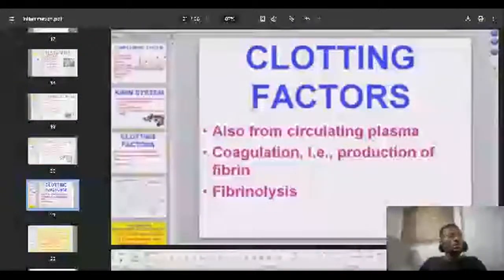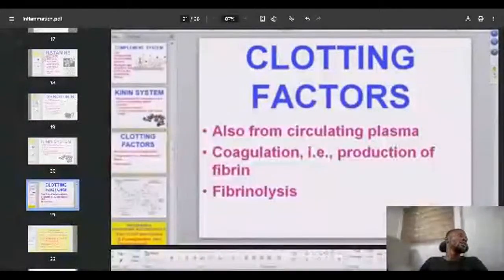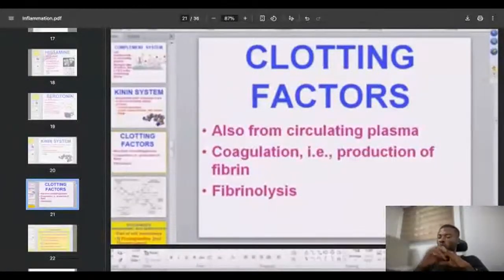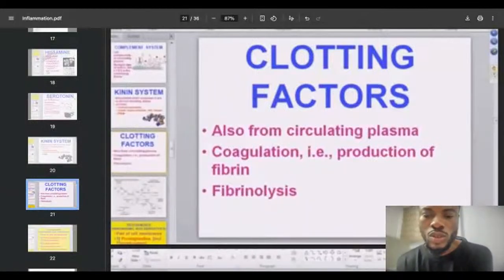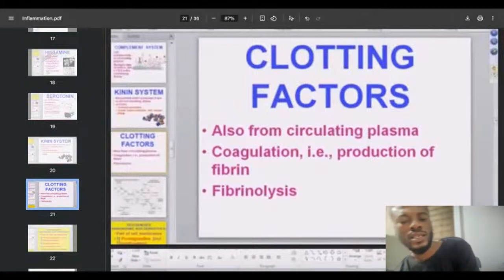You want to slow down the speed at which white blood cells and other plasma proteins enter the area of inflammation, leave. So we want to give them some kind of break. So the blood has to become coagulated. It has to become thicker so that we can slow it down.